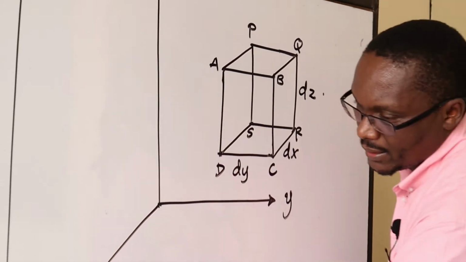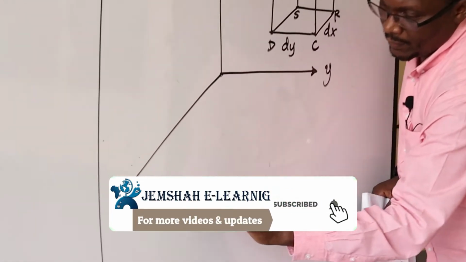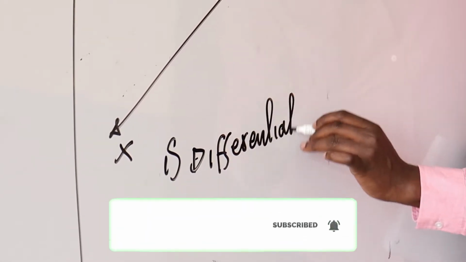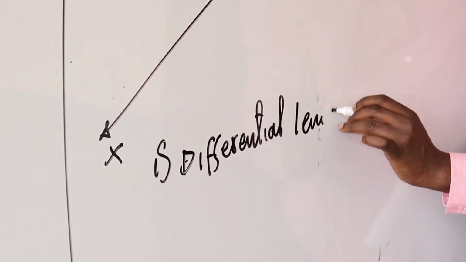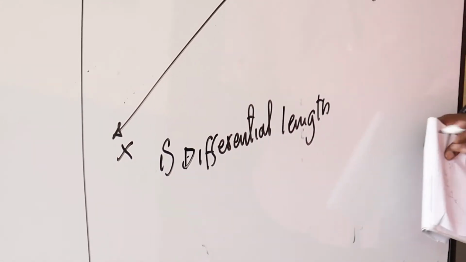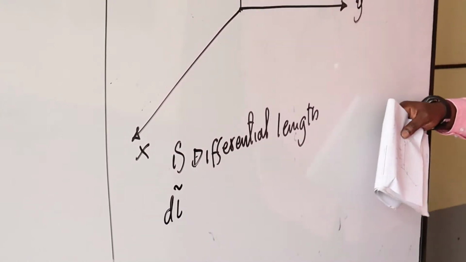So we can come to our differential length, the first one, Roman 1. We denote length with dl with a bar on top.